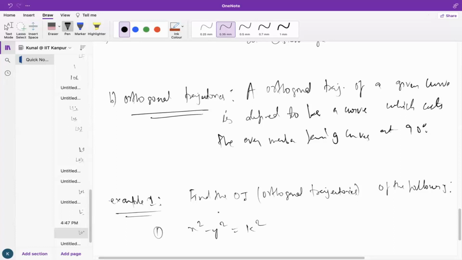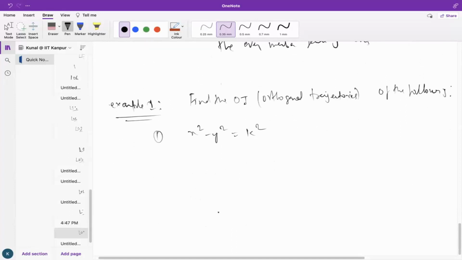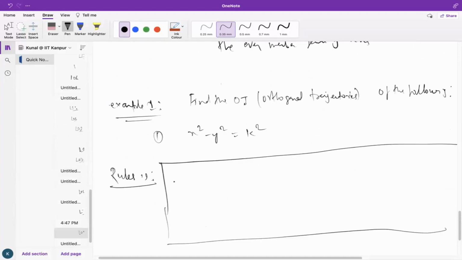Whenever you have a question to find the orthogonal trajectory, there is a rule. So let me write here the rule. First, find the differential equation of the given family of curves.